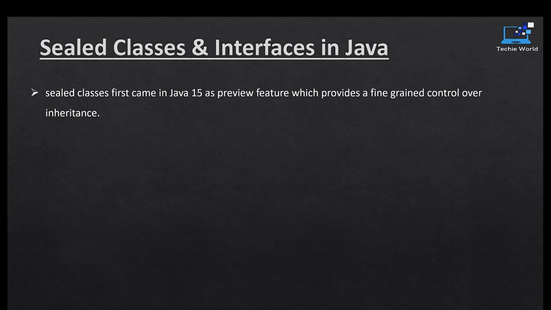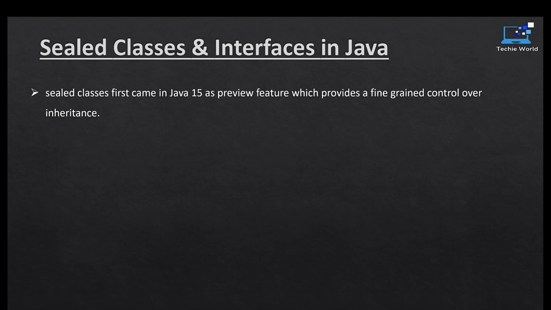But with that, no classes in your application can extend class A. And if you don't make it final, then you don't have any control over who can extend your class and utilize the functionality written in it. That's why sealed classes were introduced in Java 15, which provide fine-grained control over the inheritance.